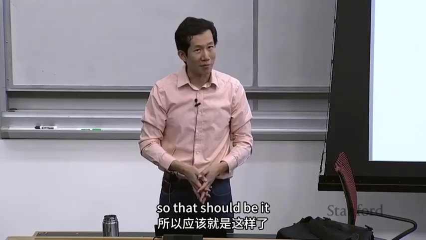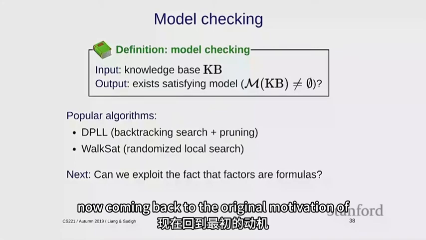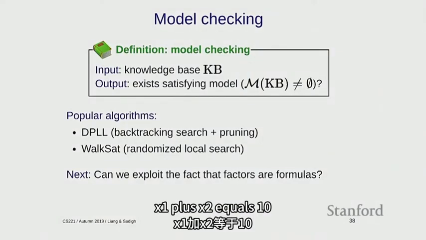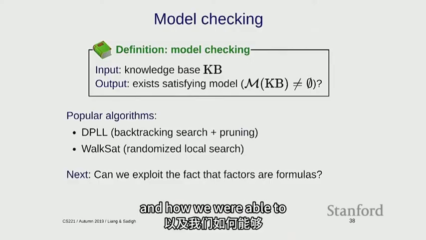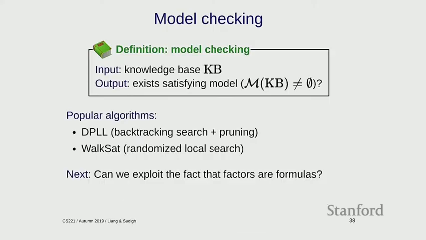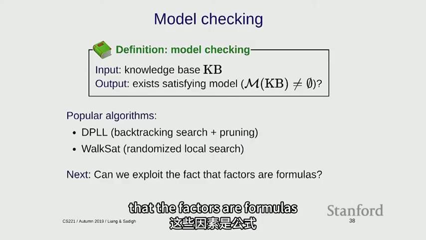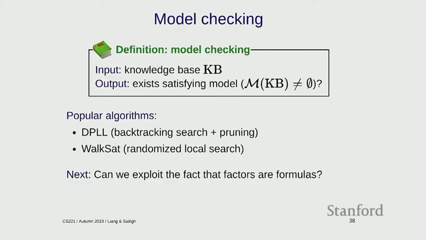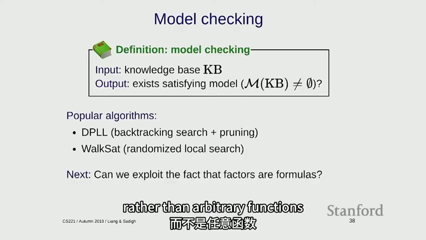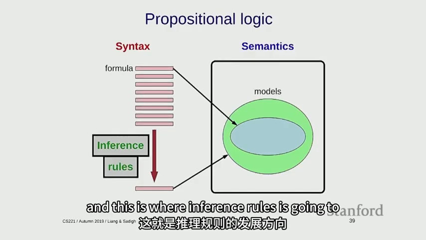So that should be it. But now coming back to the original motivation of x1 plus x2 equals 10 and how we were able to perform that logical query much faster, we can ask the question now: can we exploit that the factors are formulas rather than arbitrary functions? This is where inference rules come into play.